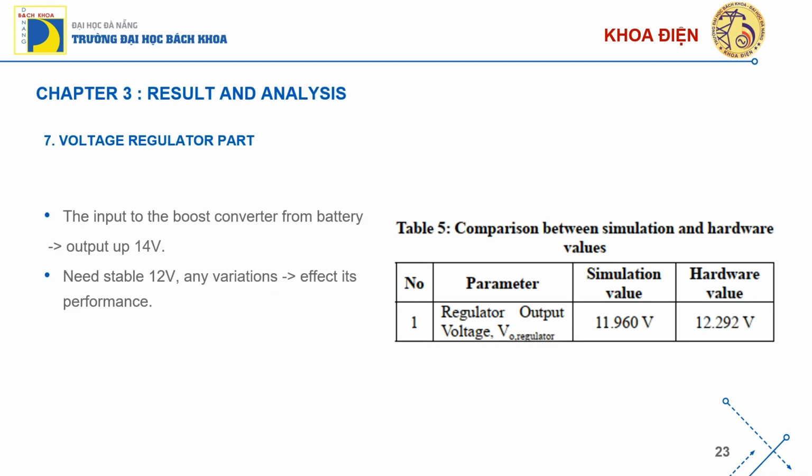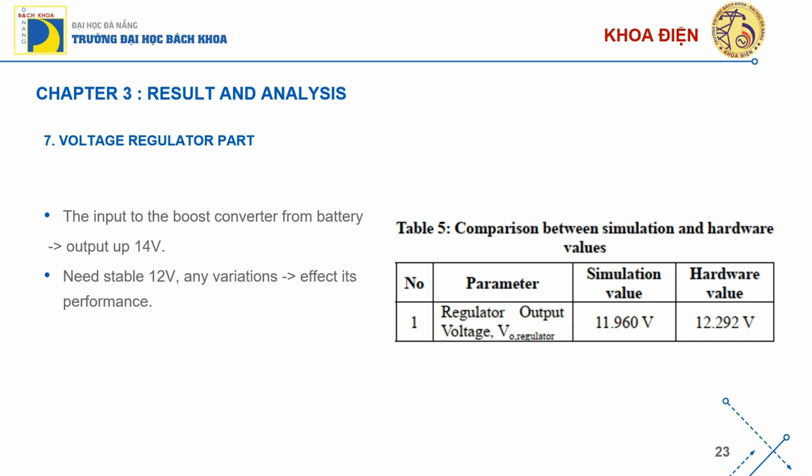Next, let's move to the voltage regulator part. Since the input to the boost converter comes from a battery that can output 14 volts, a voltage regulator is used to ensure a stable 12 volt input.